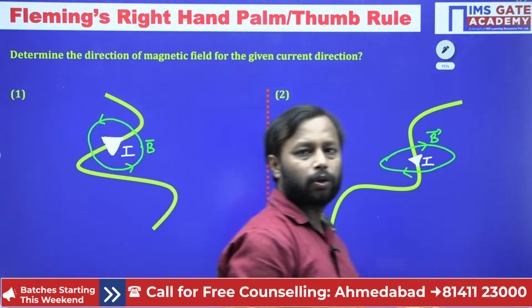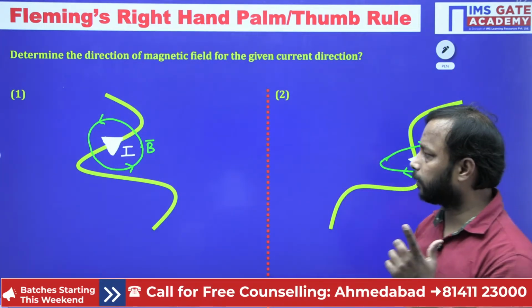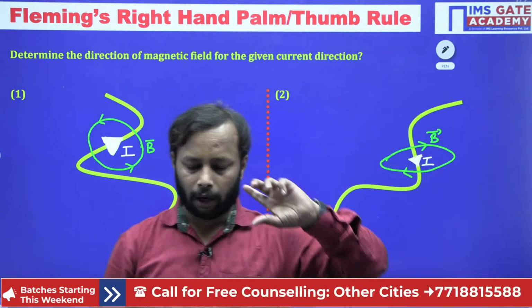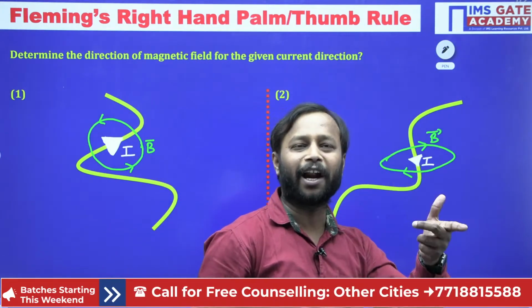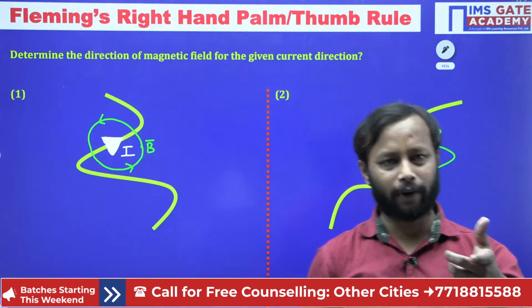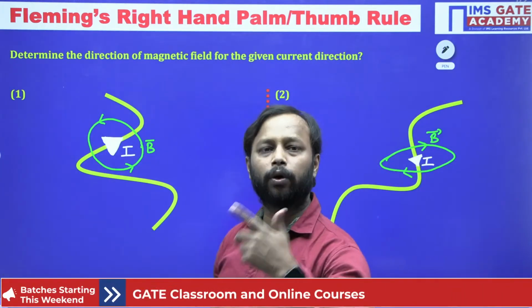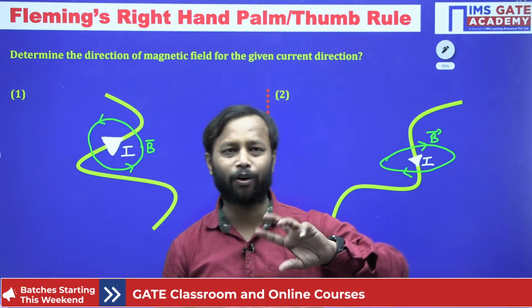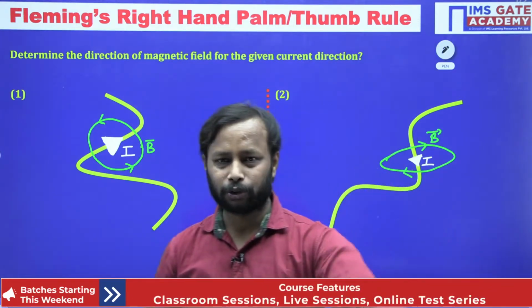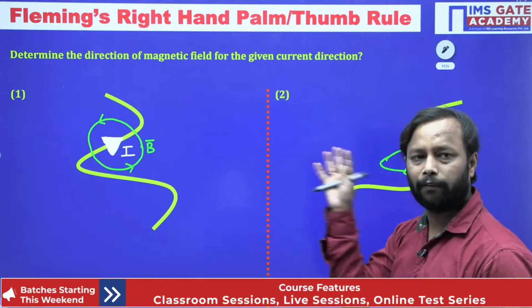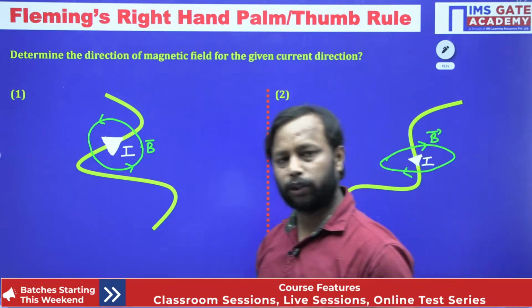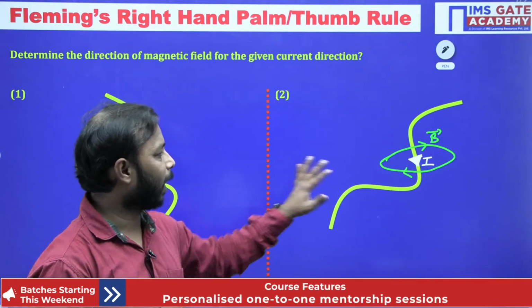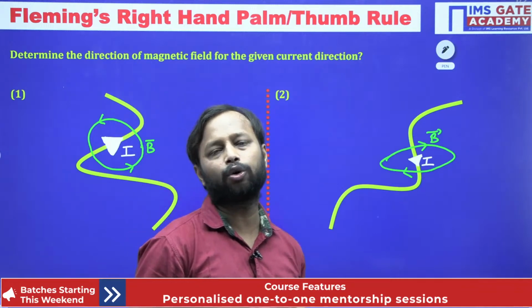So it is very clear that whenever we have two directions of current, the direction will be different in the two different conductors. The direction will not be different in the same conductor. So whenever we have current in the opposite direction, in such cases the direction of magnetic field is also going to change.